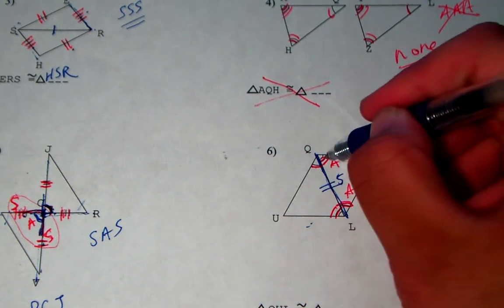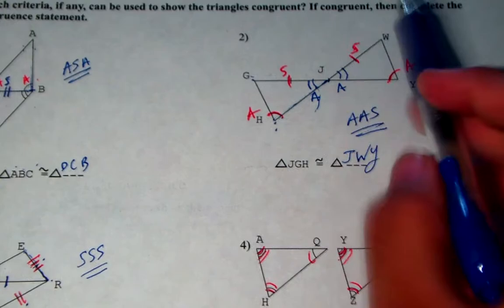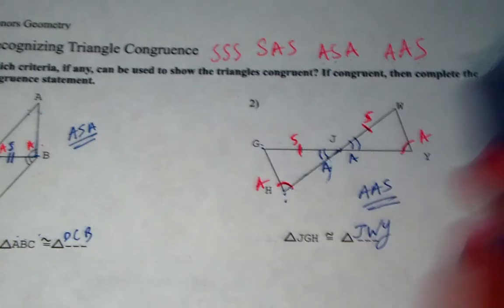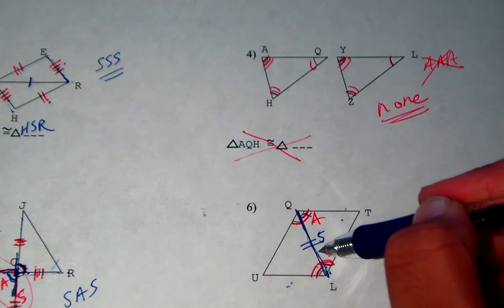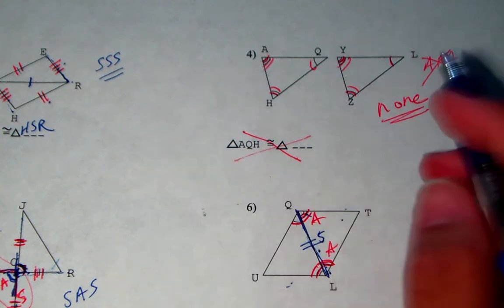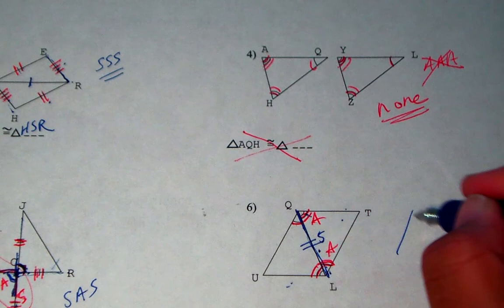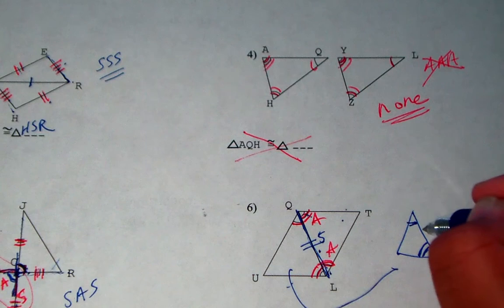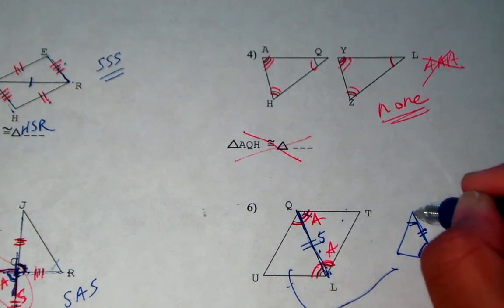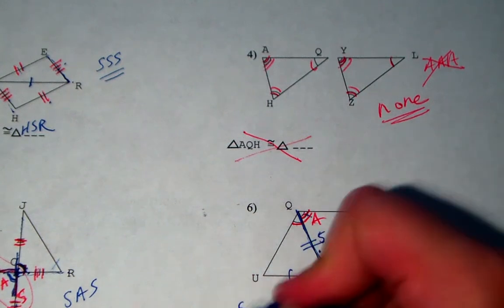So you have 2 angles and a side, which again could be either one of these. But if you look at the orientation, in between the 2 angles, you have a marked side. Right? Literally in between them. If I cover one of them up, or if I just draw this separately here, this shape over here would look like this. An angle, another angle, and in between them is this shared side length. So this is an example of angle, side, angle again.